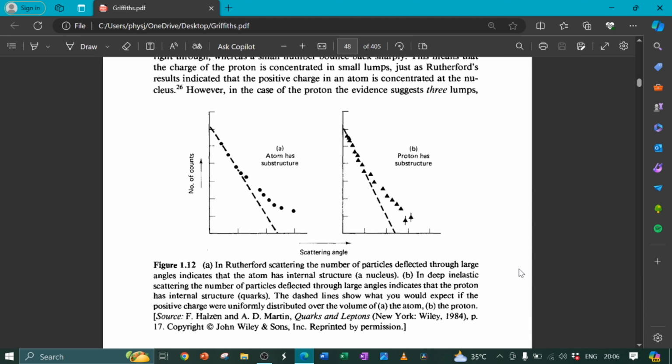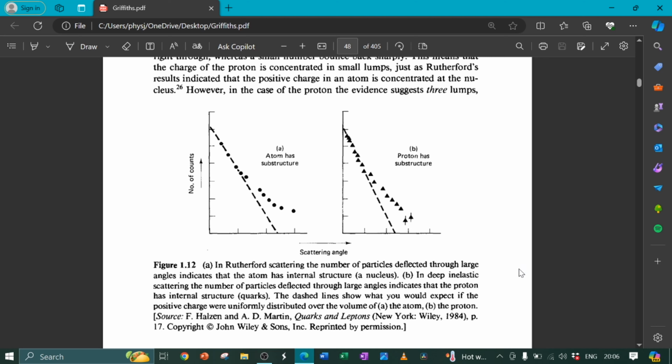The dashed lines show what you would expect if the positive charge were uniformly distributed over the volume of A, the atom, B, the proton. Source: F. Halzen and A. D. Martin, Quarks and Leptons, New York, Wiley, 1984. Copyright John Wiley and Sons.